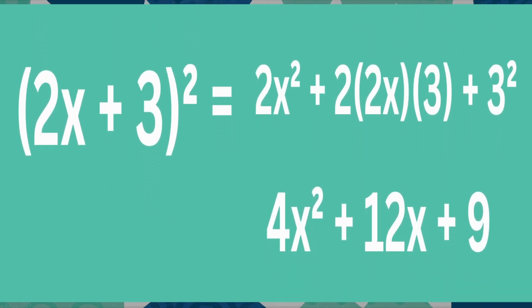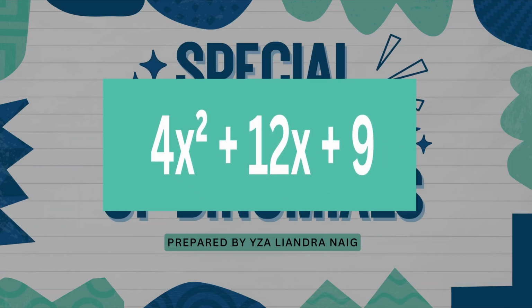Simplifying this, 2x squared will be 4x squared, 2 times 2x is 4x, times 3 is equal to 12x, and 3 squared is 9. 4x squared, positive 12x, positive 9 is your final answer.